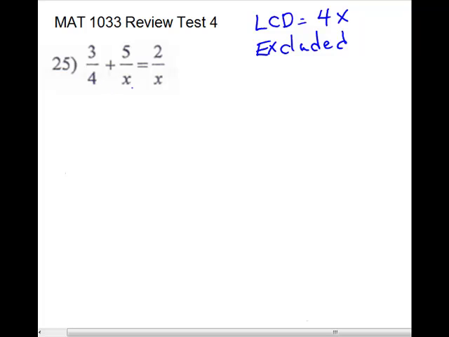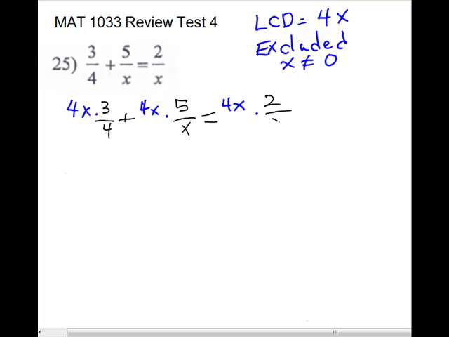So a 0 itself here or here. So x cannot be 0. We're going to multiply through by that LCD. So we're multiplying on the top, 4x times 3/4 plus our 4x times 5 over x equals our 4x times 2 over x.